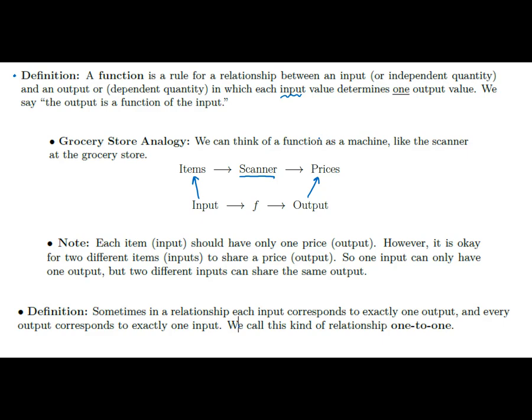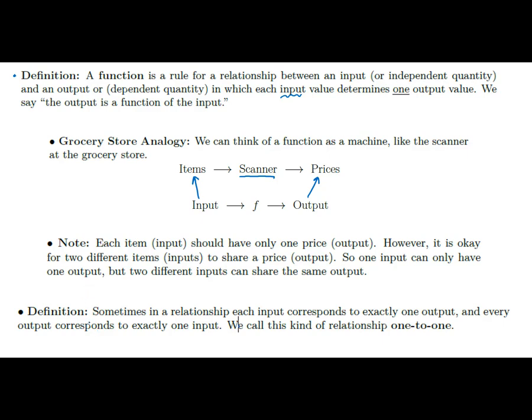Because we know that the exact same item should always give the exact same price. Okay, and really that's going to be true of any machine that you're talking about, is that every input you put into the machine, the same thing better happen in the output every time you put that same thing in. Okay, so that's what a function is. And so if you did have a situation where you scan the same item twice and the scanner spits out two different prices, then you would say, oh, this particular scanner is not a working machine, and therefore it's also not a function.